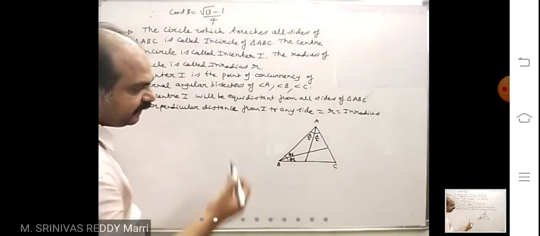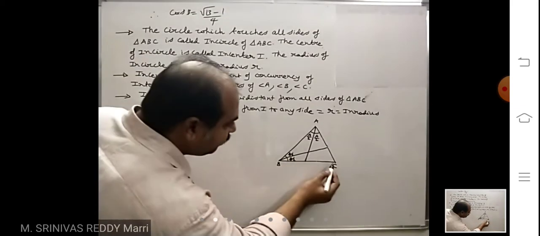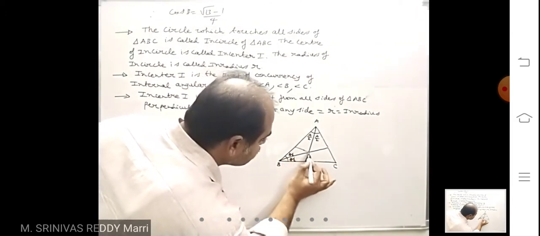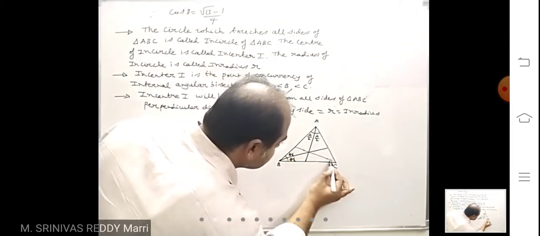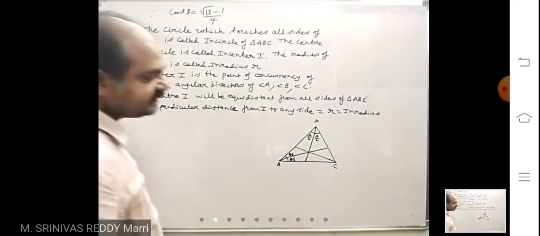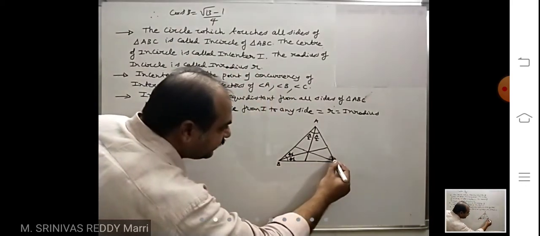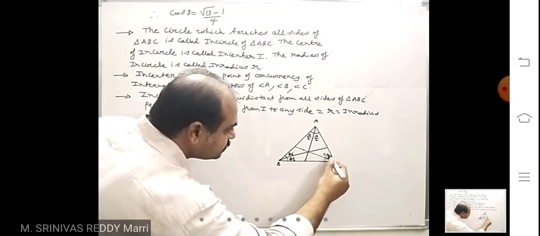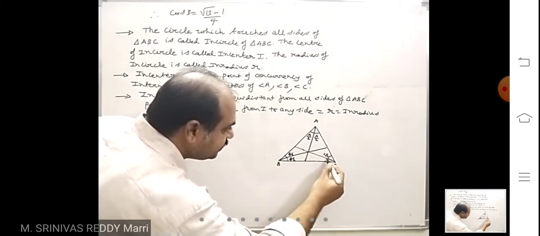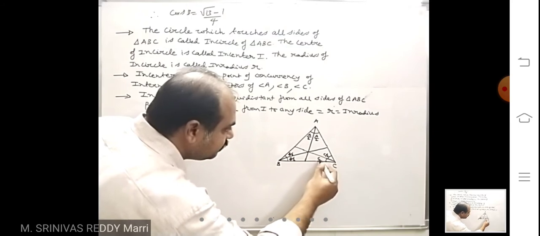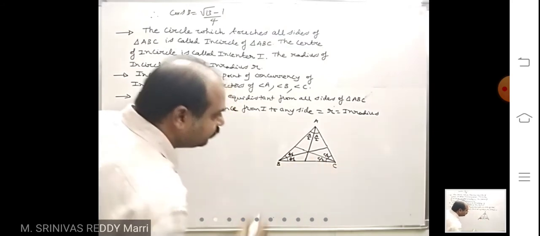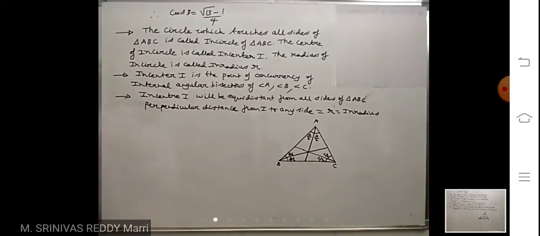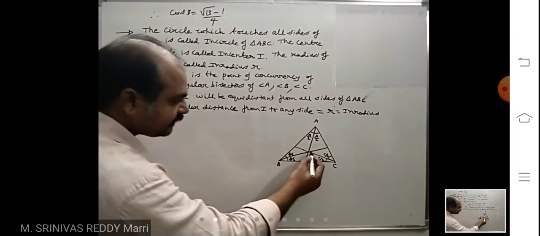Next I am drawing the angular bisector of angle C. This is the internal angular bisector of angle C. That means this line divides C into two parts, C by 2 and C by 2. Like that, these are the angular bisectors of the triangle.